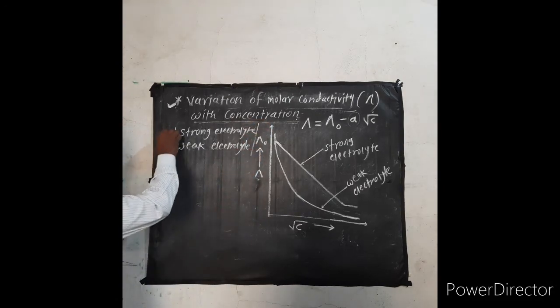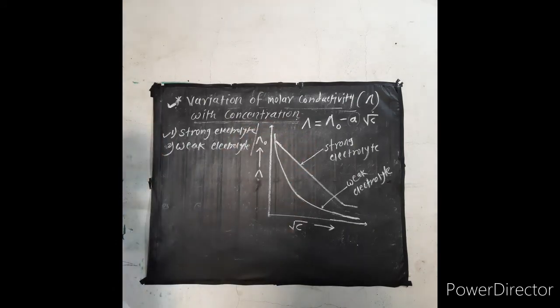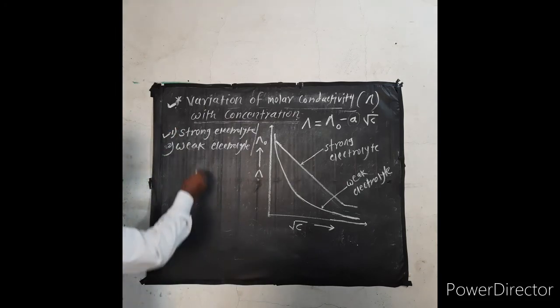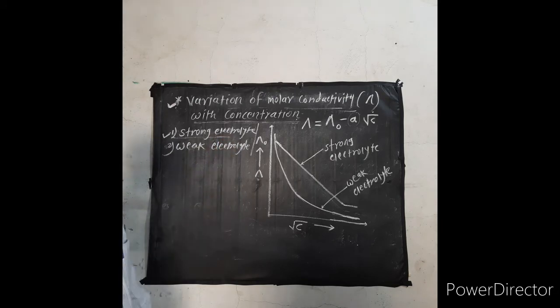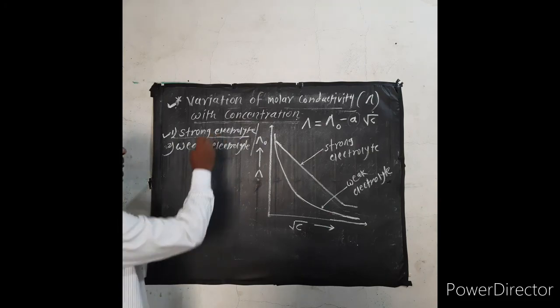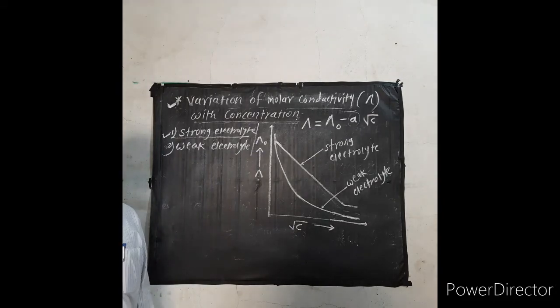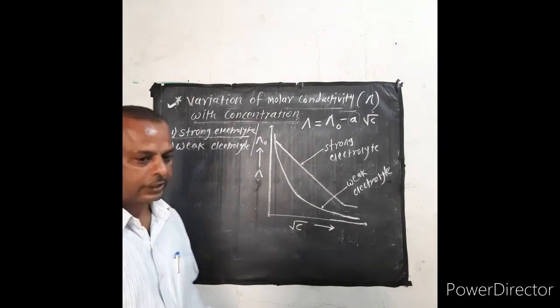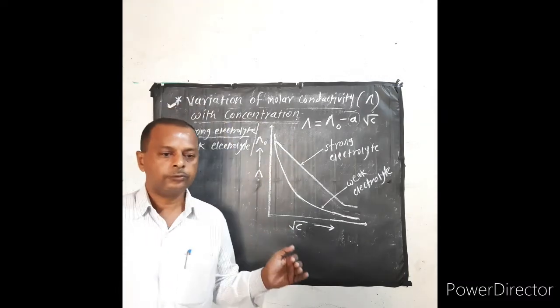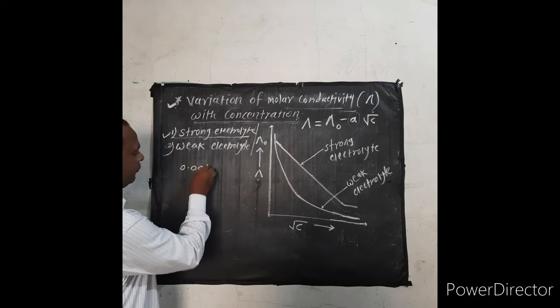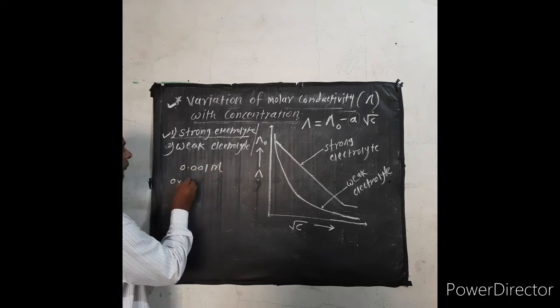Let us see the strong electrolyte first. Molar conductivity in strong electrolytes increases rapidly on dilution. Then, on further dilution, the dilution has little effect on the molar conductivity.